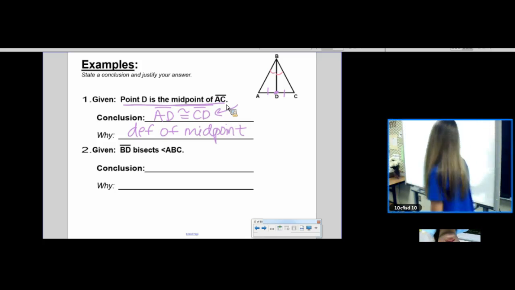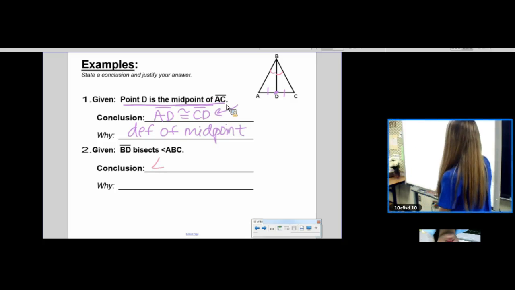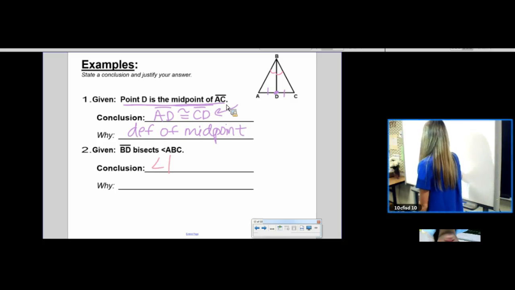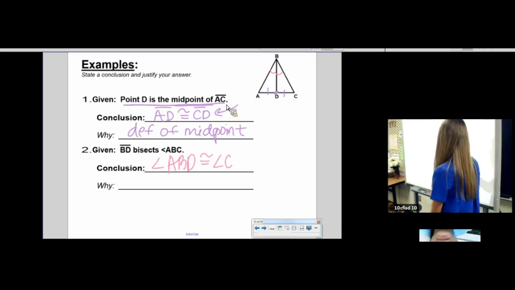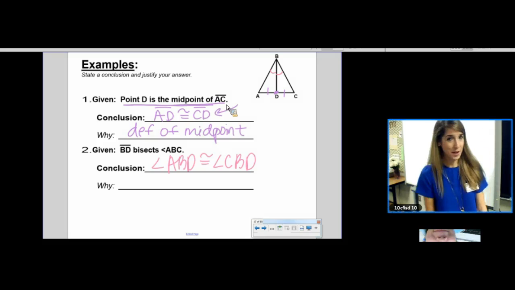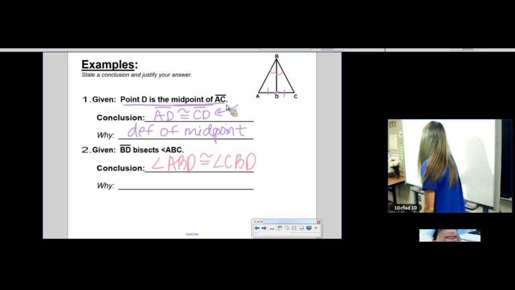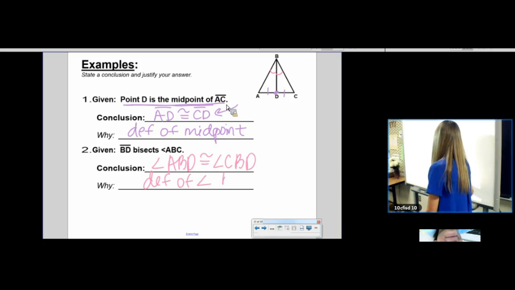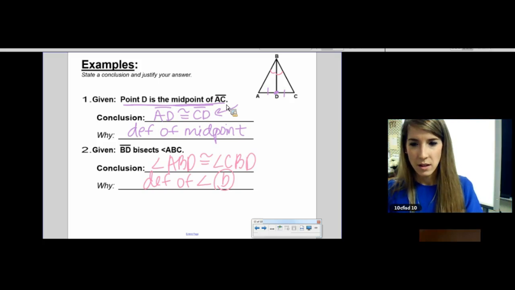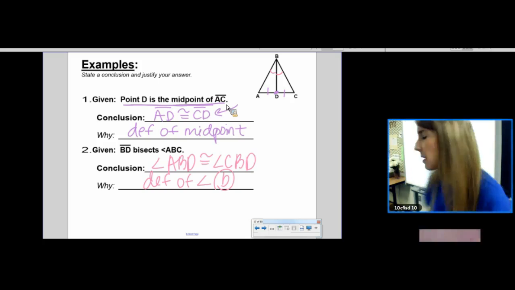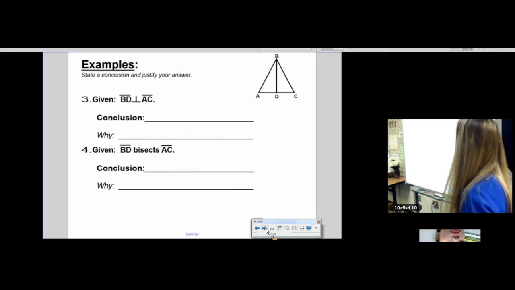Those arcs mean that angle ABD is congruent to angle CBD. And then from yesterday, what's the reason? Definition of angle bisector. Is this making sense? Is this pretty easy? Okay, let's keep going then.